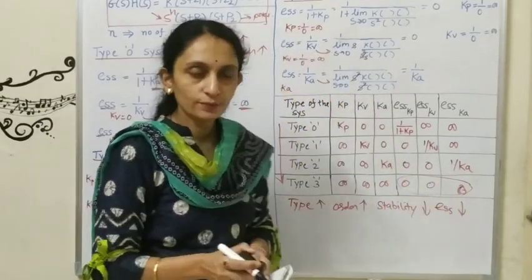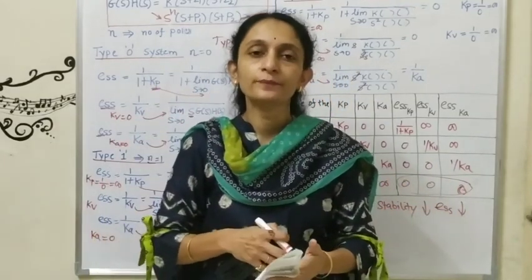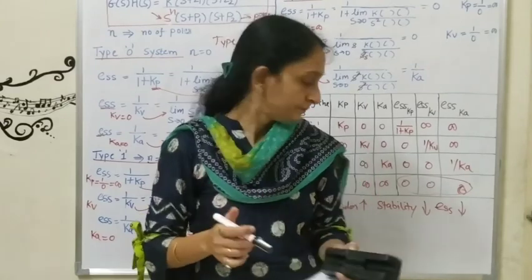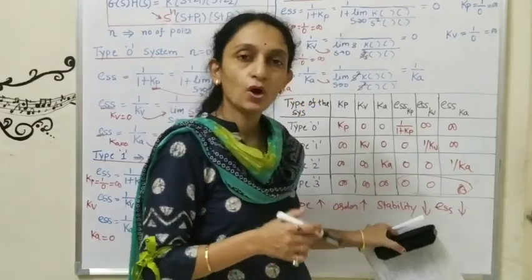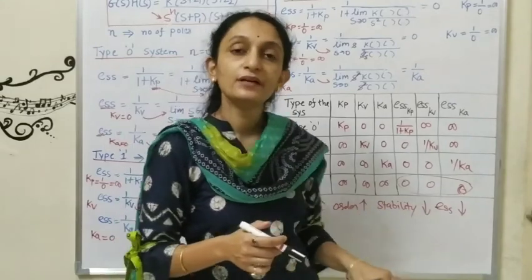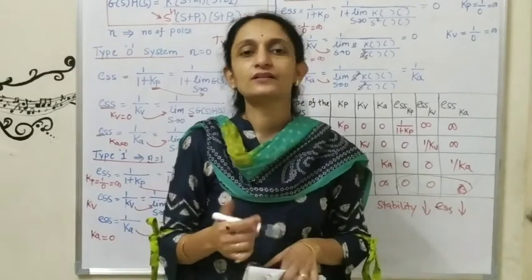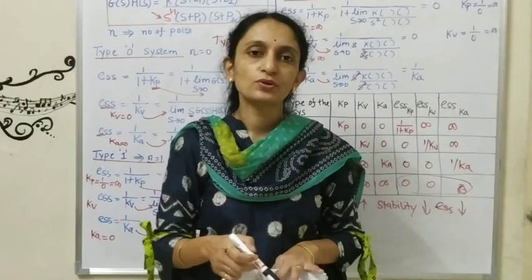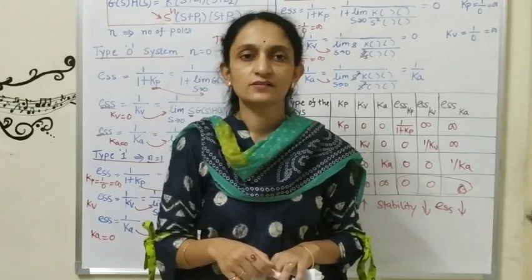I hope you got the concept. With increase in the type of the system, order of system increasing, stability is decreasing, and steady state error is decreasing. So we will solve numericals based on steady state analysis. Thank you, students.